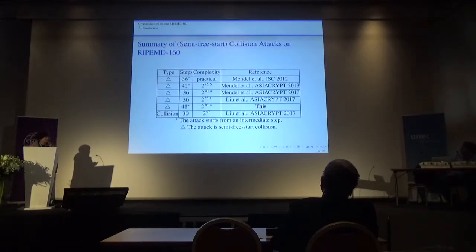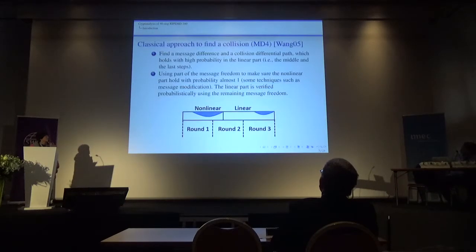Here is a summary of collision attacks on RIPEMD-160. It denotes a semi-free start collision attack. Here is the classical approach to find a collision attack on MD series hash functions.